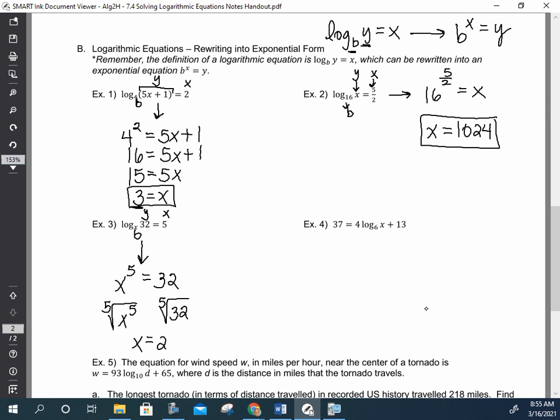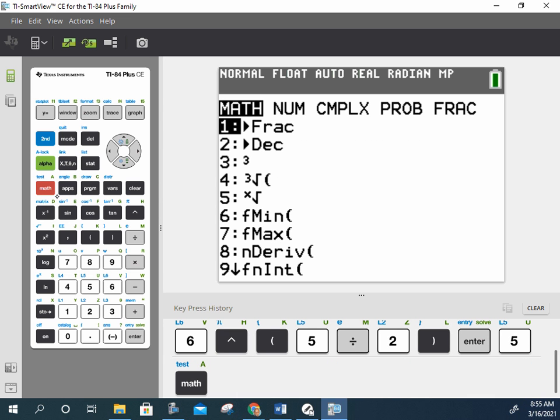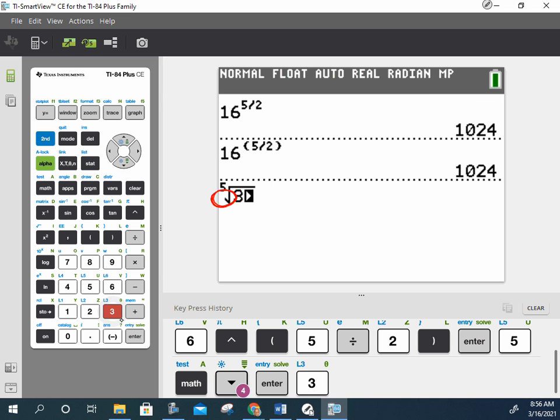However, if we were going to use our calculator to solve this out, for the 5th root, first you type in the number 5, go to math. The 5th button down is for any roots that are higher than 3. Fifth root, 32.